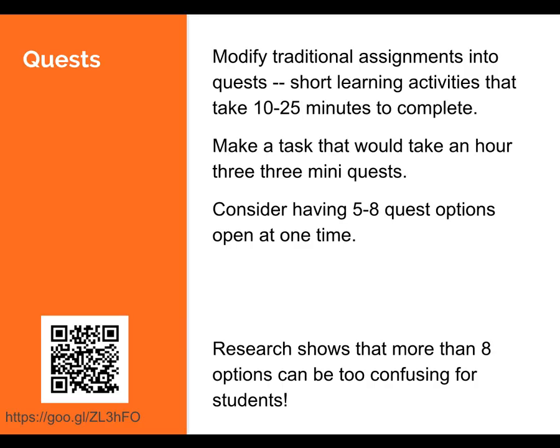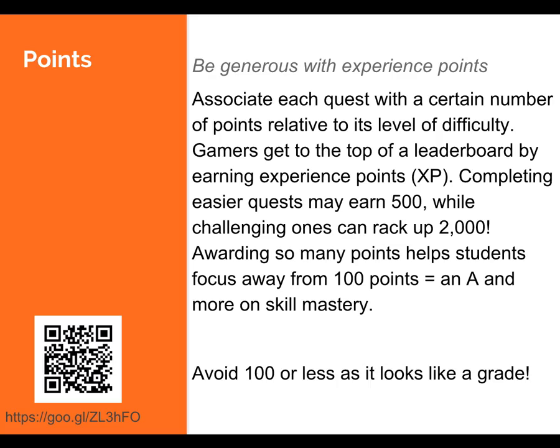And maybe of those 8, they really only have to accomplish 5 of them, so you're allowing them different ways to get the same level of knowledge and the same assessments that you had before, but now you're breaking them up and you're letting the kids choose. So I put that at the bottom. They said more than 8 options can be really confusing for students.